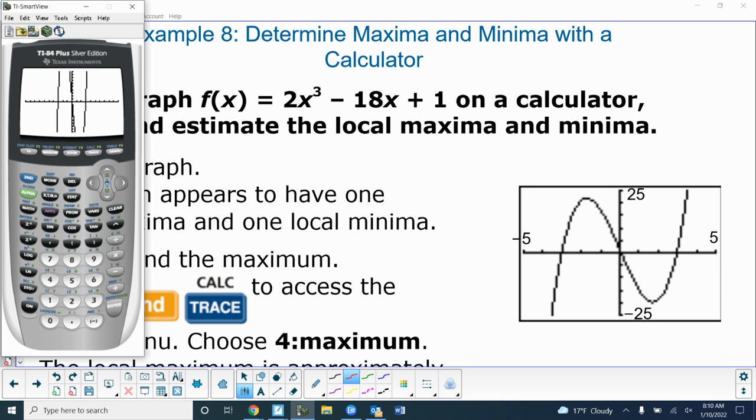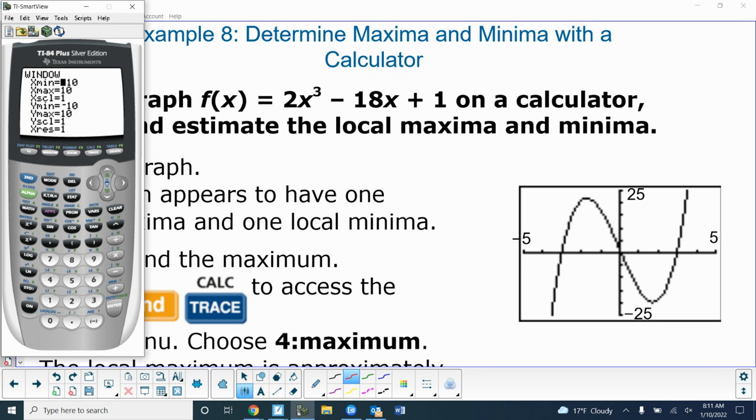The way you can do that is go to window. Right now, the standard window is going from -10 to +10 on your x by 1s and -10 to +10 on your y by 1s. If I want to make my graph look like this, I can change this stuff.